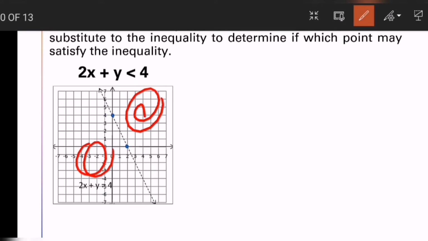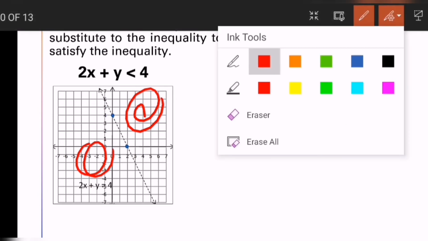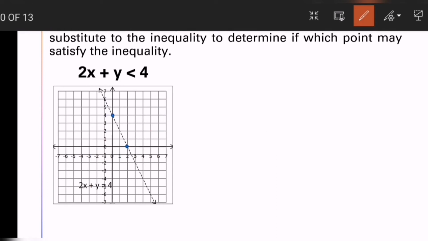So, kahit anong point lang. Okay? So, pili muna tayo, let's say for example, doon sa taas. So, dito sa taas, ang nakikita kong point ay 3, 3. Ito yun. Nasa taas yun. Okay? So, gamitin natin yung point na 3, 3.